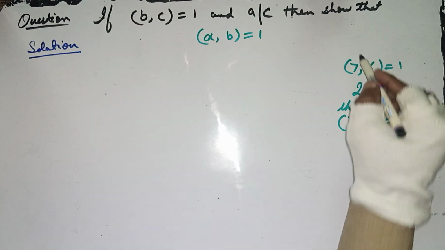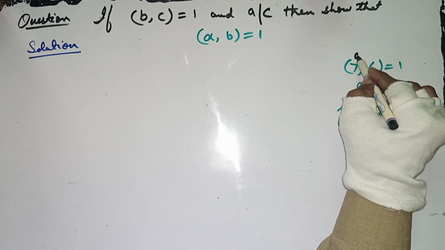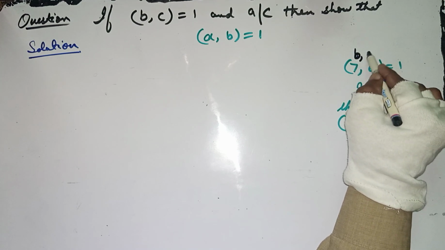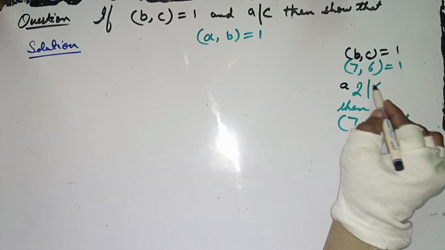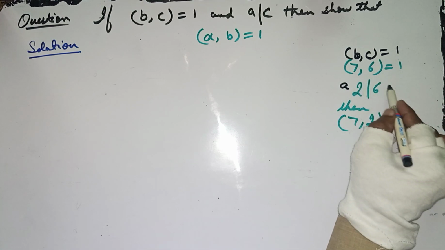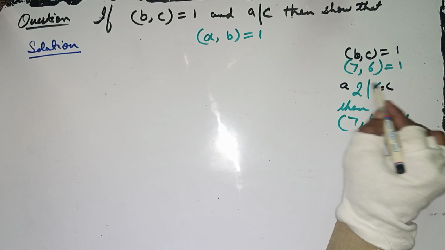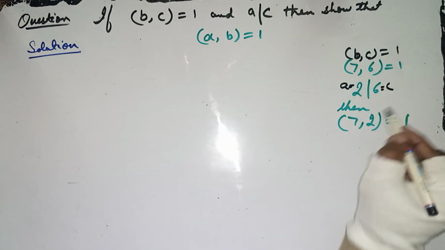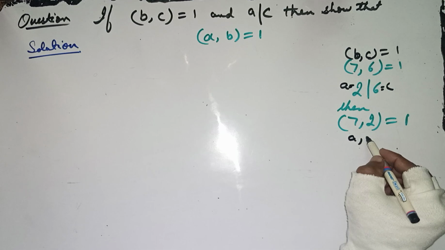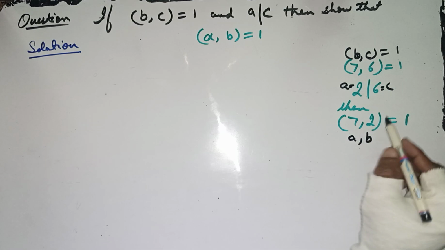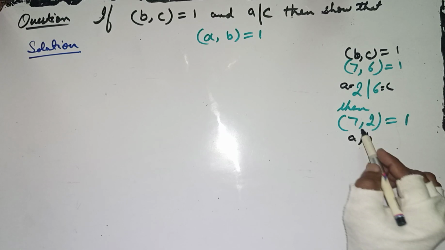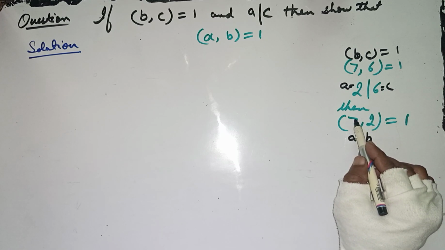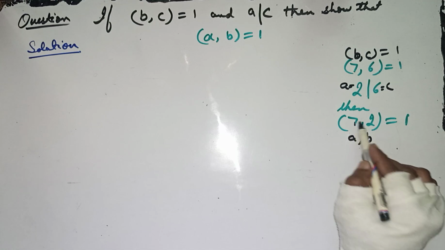Here, if you see, this is A, this is B, this is C. B and C are relatively prime, and A divides C. Then A and B: what is 2? 2 is A, and 7 is B, so we can write 7 and 2.